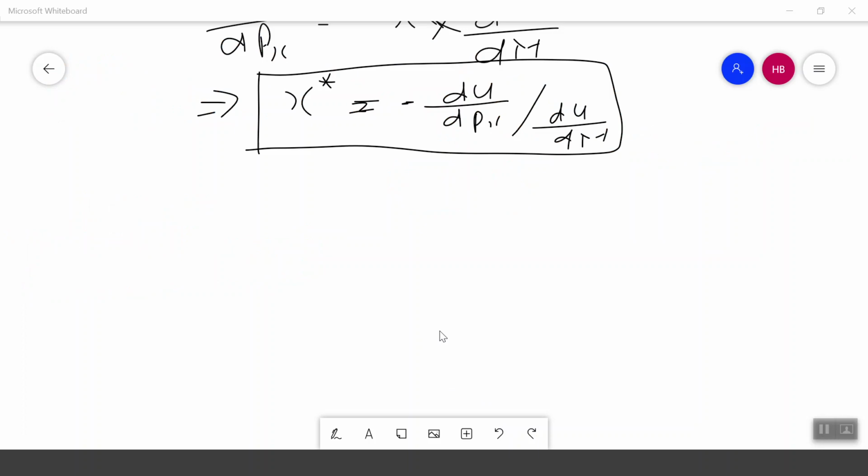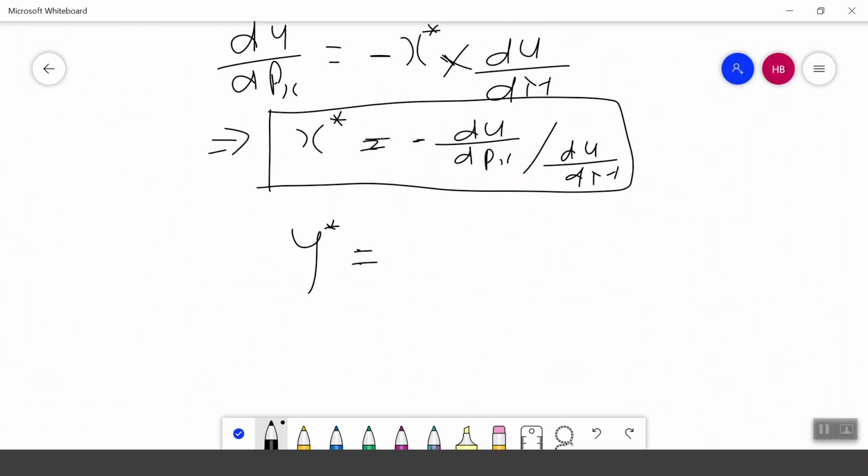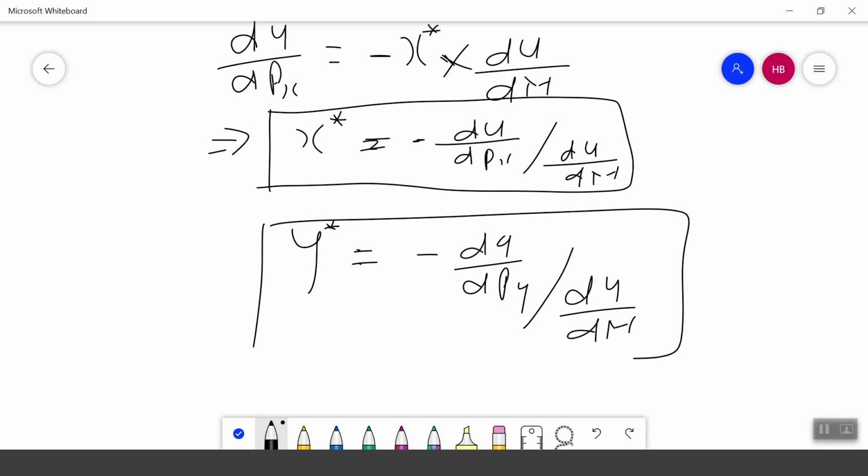Similarly, if you want to derive y, you can say y star equal to minus du by dpy divided by du by dm. So that's your Roy's identity.